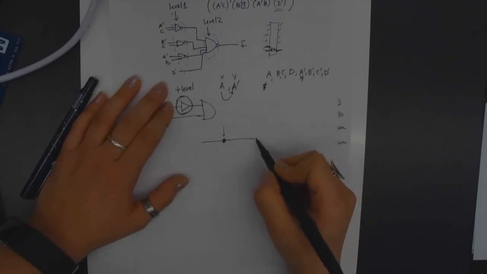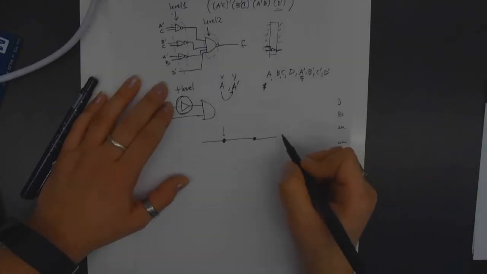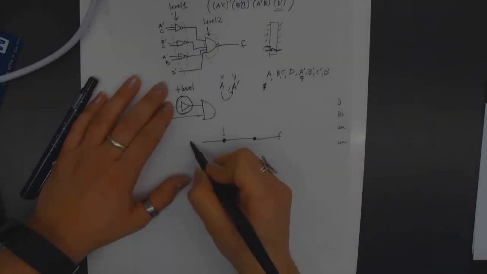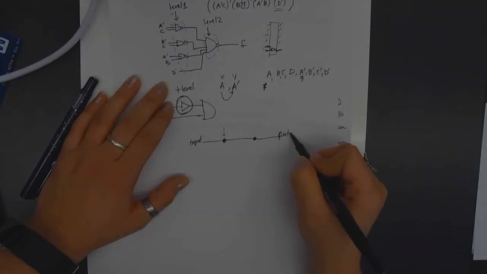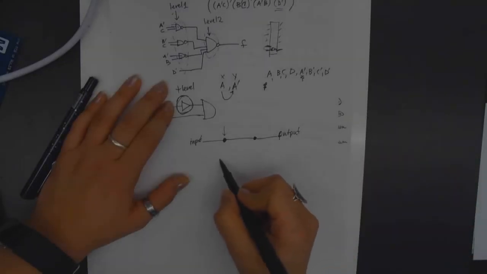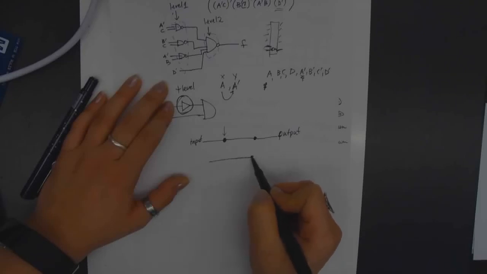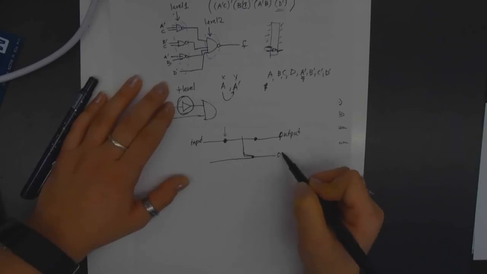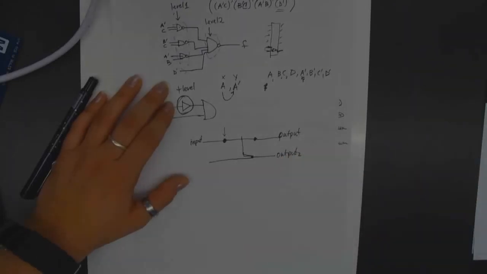So I've got some function going into a 2-level AND OR gate, whatever I have there, and putting out a function. Say this is my input, this is my output. So our hope is to have input going into something here, but also grabbing something from this guy to then put out output number 2. Does that make sense? And we're basically trying to jumper over and get what we need.